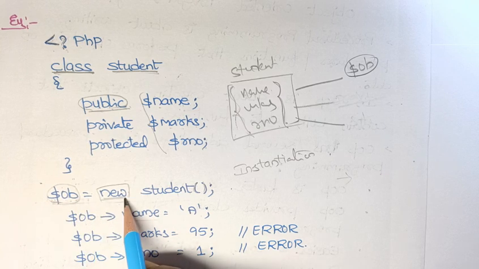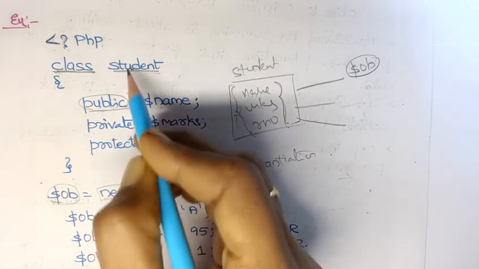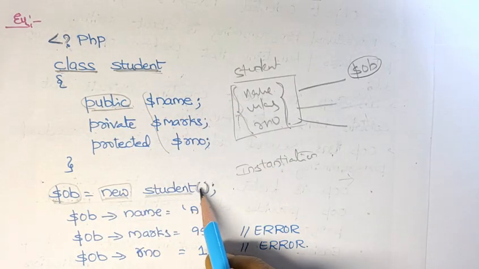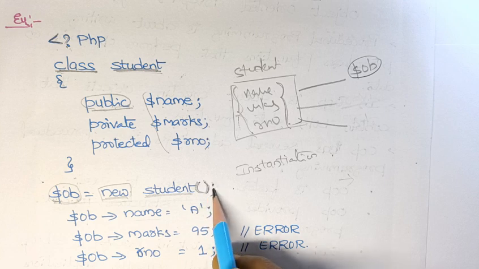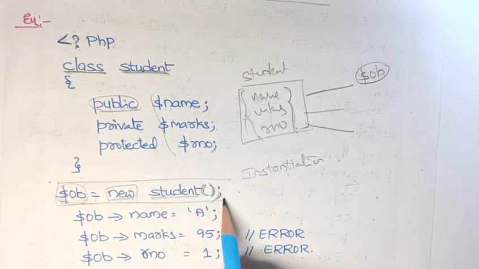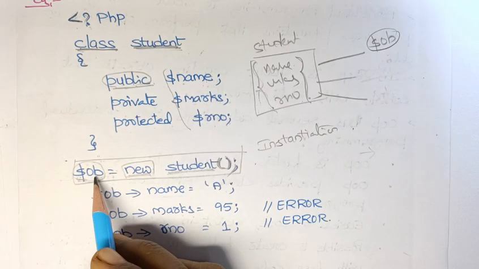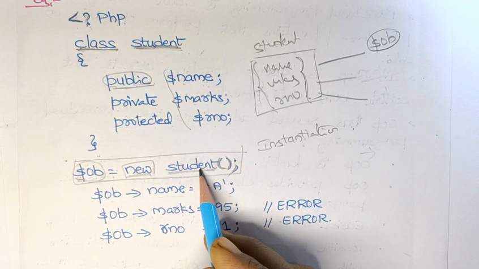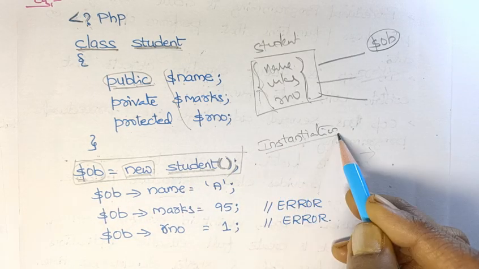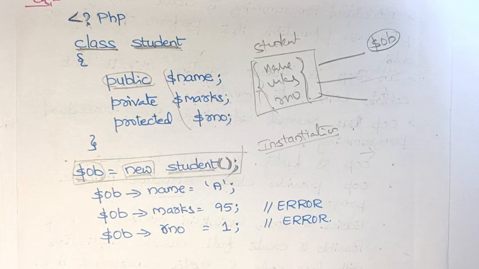So $ob is equal to new, then the class name, whatever the class name is. Next the function, open brace, close brace, semicolon. So this is nothing but creating an object of the class. Whenever you create an object of the class, that process is called instantiation.